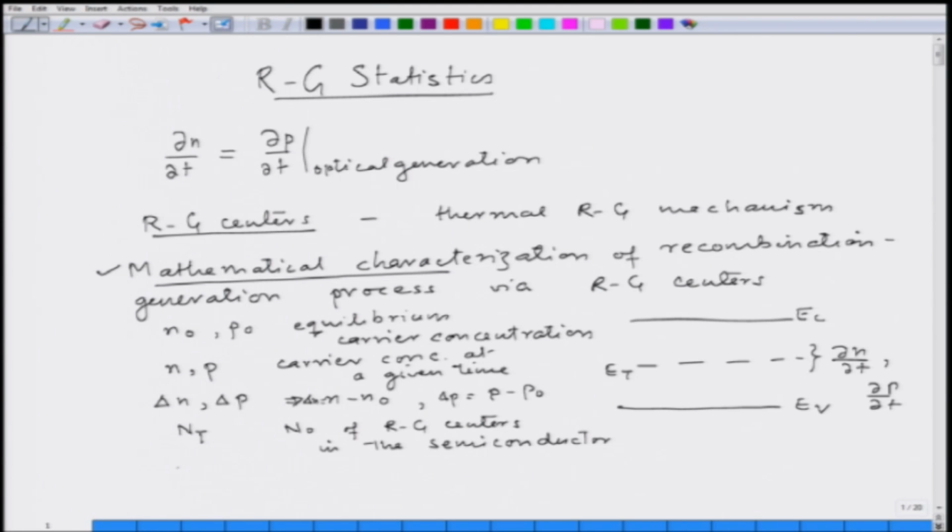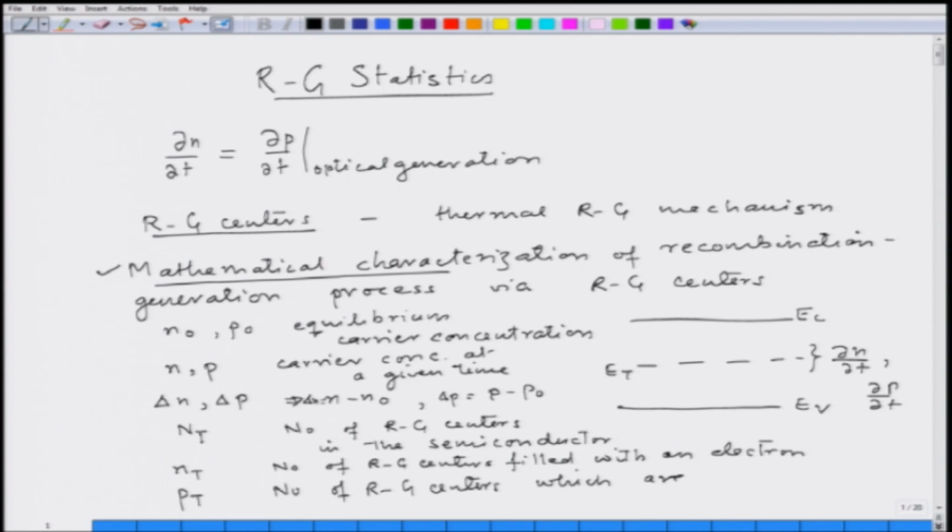In this total number of N t centers, we have small n t, which is the number of R-G centers filled with an electron, and small p t, which is the number of R-G centers which are empty, or you can say they are occupied by a hole.